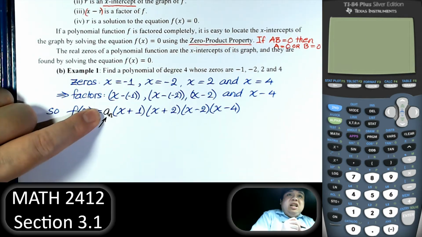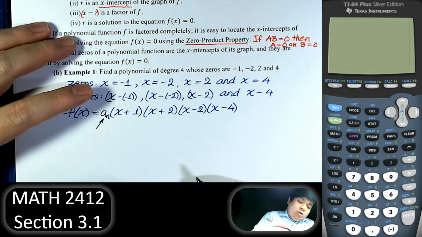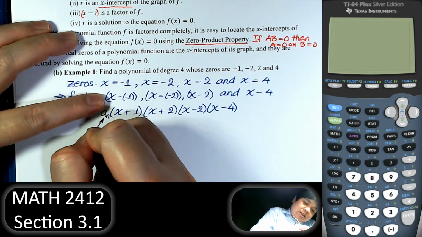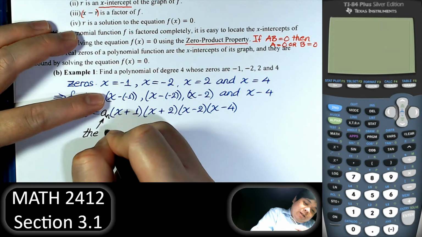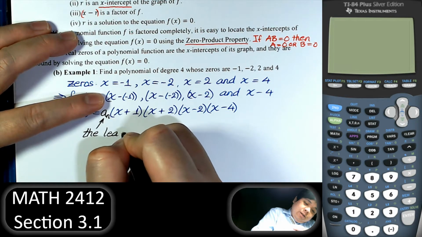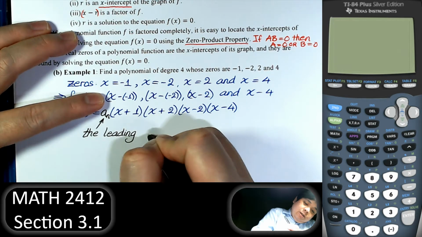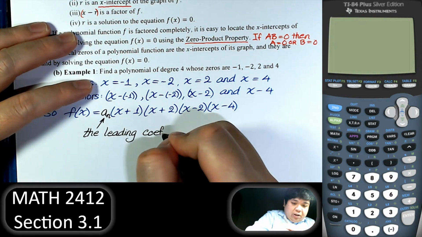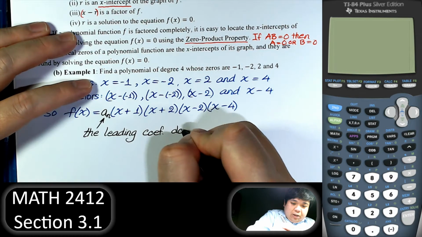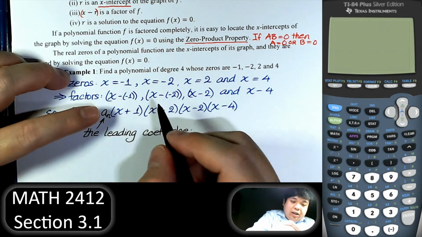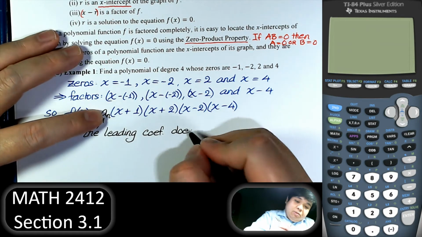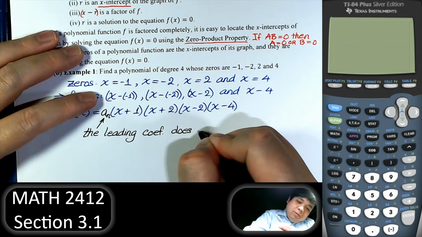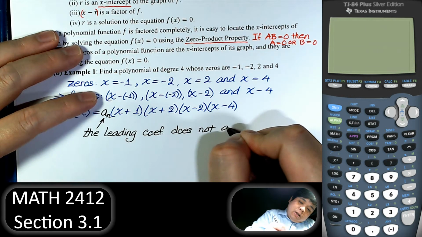But this leading coefficient does not affect the zeros or the factors. Yeah, the leading coefficient here in this form does not affect the 0.